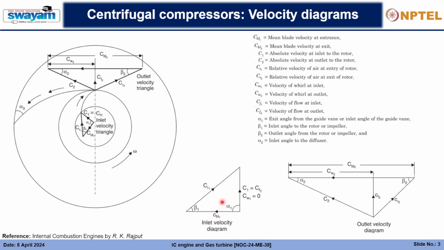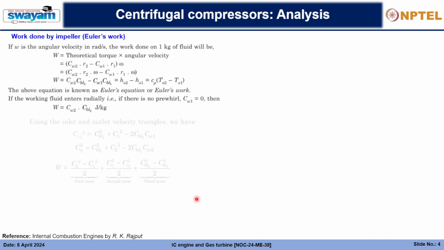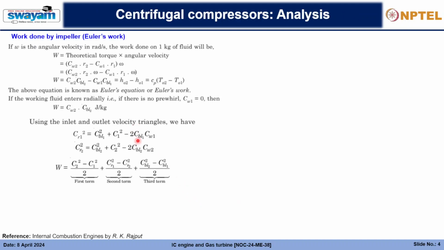This is alpha 1, which is not exactly 90 degrees, so for that we'll have to use that formula, putting in alpha 1 and beta 1, and that is how it is used. So Cbl1 squared plus C1 squared minus Cbl2 times Cw1, and the relative velocity is Cr2 squared equals Cbl2 squared plus C2 squared minus Cbl2 times Cw2.